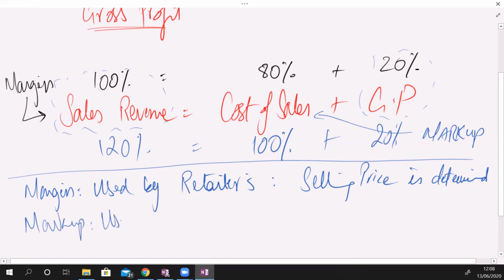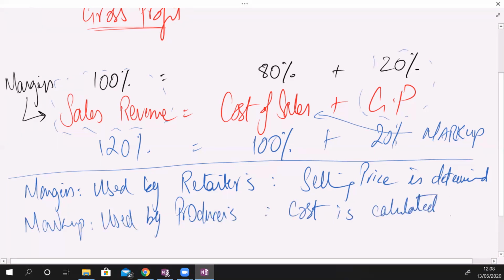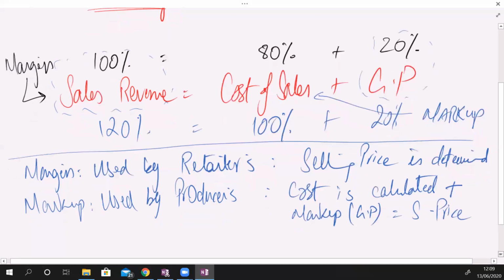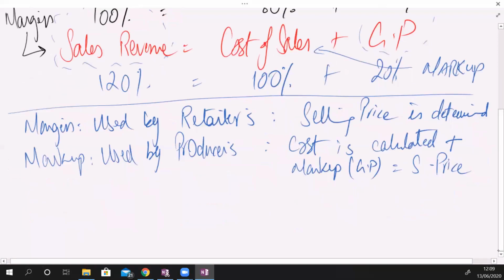Markup is used by producers because cost is calculated and they add on it their markup and GP to calculate the selling price. Since producers would identify the cost of a product first, what they're going to do is add up on it. They're going to mark up the profit, cost plus profit, to determine the selling price.